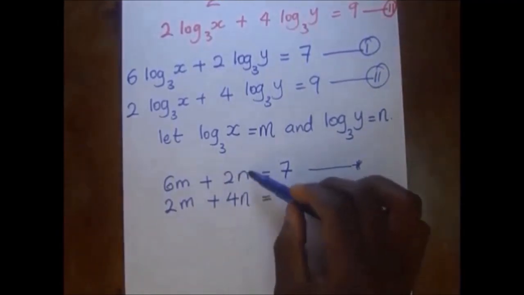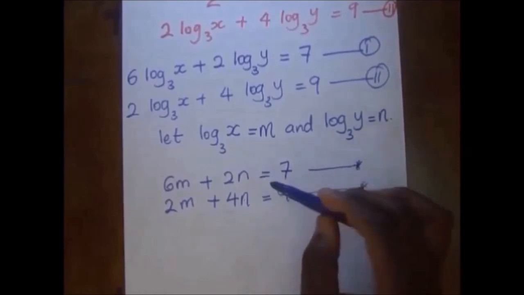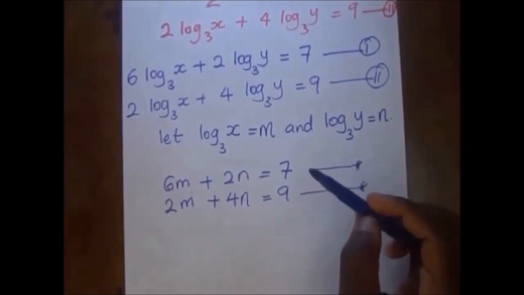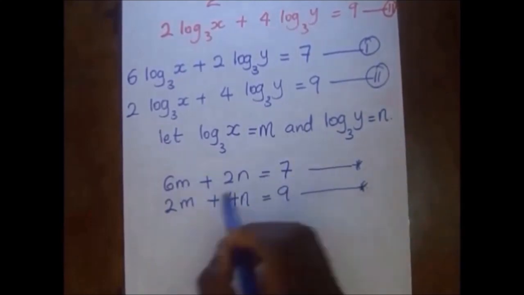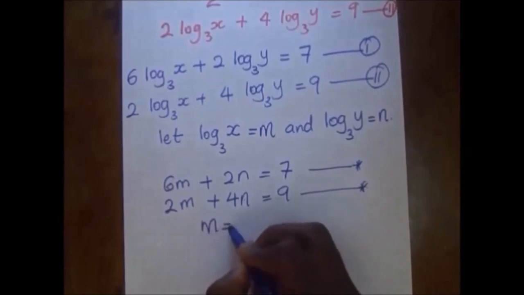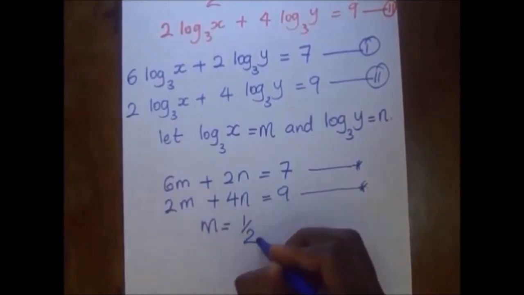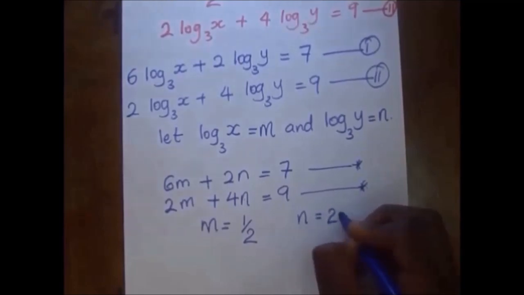So now we solve these two equations simultaneously. When we solve them, we shall end up with m equal to 1/2, and our value of n will be equal to 2.